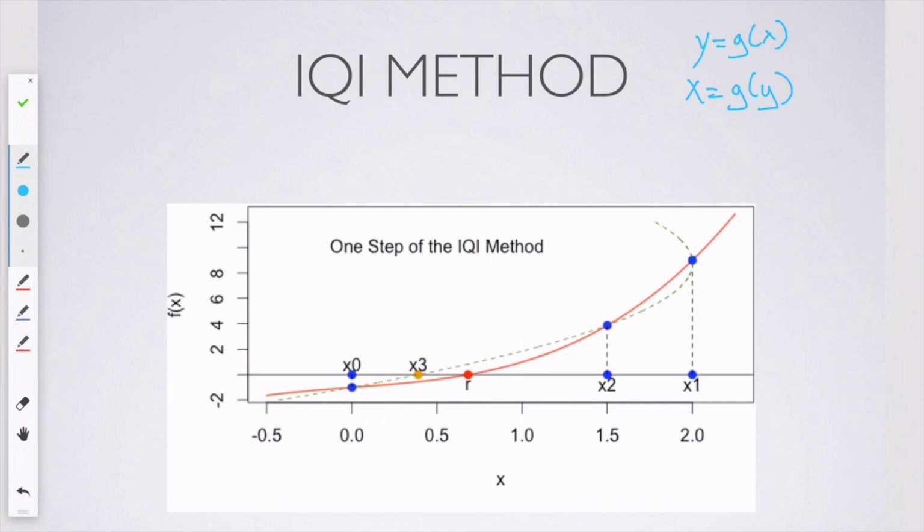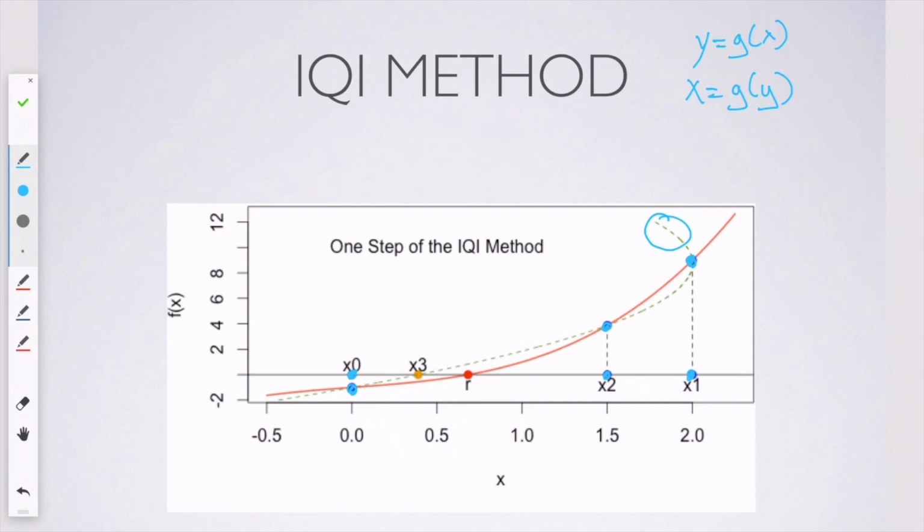You need 3 points to determine a parabola, so you have to seed this algorithm with 3 guesses. So you start with x0, x1, and x2. You look where those points fall on the function, that's here, here, and here. You draw a parabola that passes through all of them, that's this dotted curve.